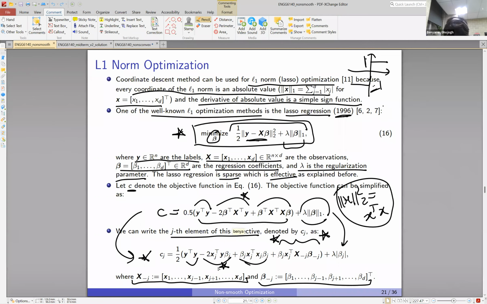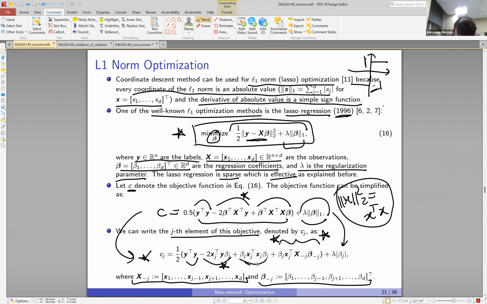Therefore, we'll have this term, which is x j transpose y beta j, and note that beta j is a scalar. Therefore, it doesn't matter whether it's on the left of the x j transpose or on the right. And also here, the discussion is on this term.